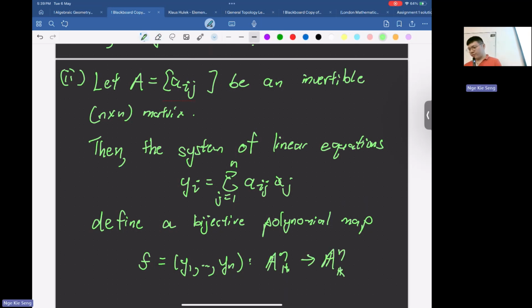It must be A^n to A^n because we talk about invertible matrices, which are square matrices, and must have the same dimension. Another thing is, I think this is the same already. Oh, right. Very good.